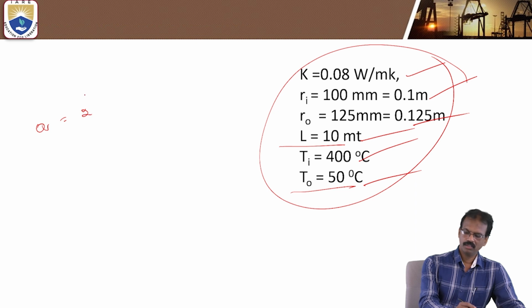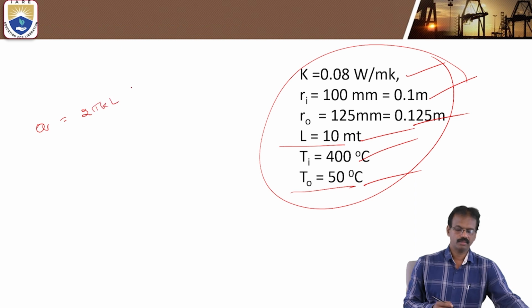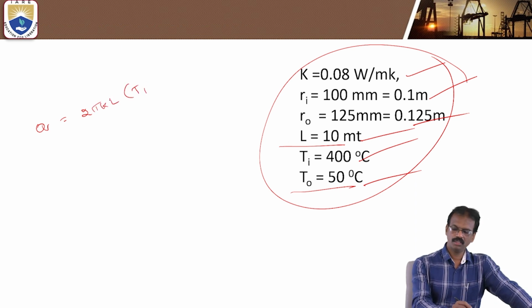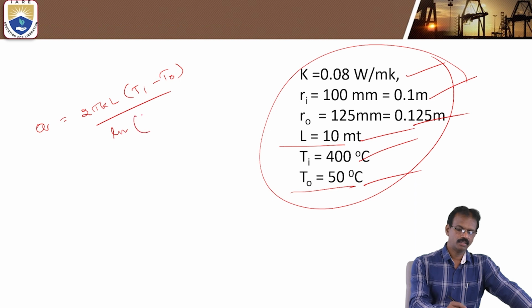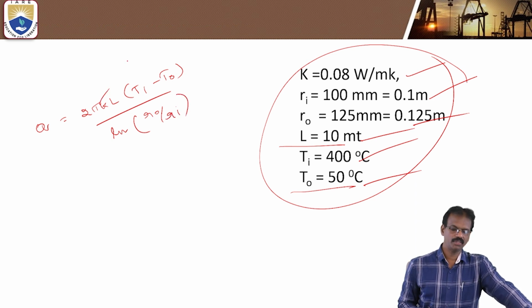Q is equal to 2 pi K L into the temperature difference, T_i minus T naught, divided by ln of R naught by R_i. So this is the formula. You know all the things: 2 pi is a constant, thermal conductivity K is known, L is equal to 10 is known, the inside temperature and the outside temperature are known, and R naught by R_i is also known.